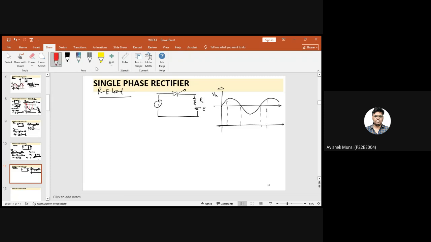In case of RE load, if you consider this as my E, it will conduct from here.